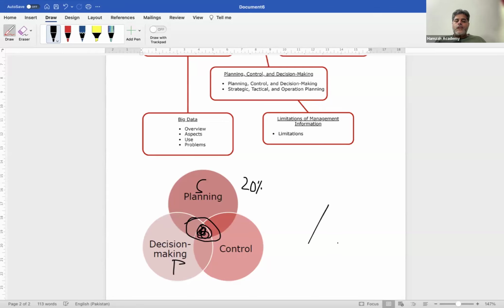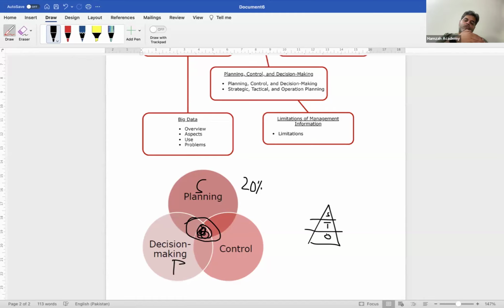As far as the organization is concerned, we subcategorize into strategic, tactical, and operational levels. So on the strategic level, we decided that we want to have a 20% market share in 5 years time.